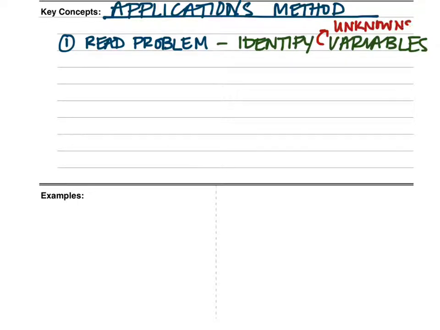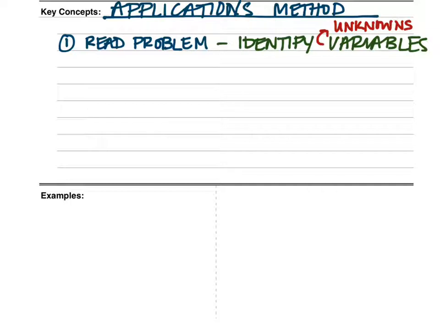The first thing is to really read the problem carefully and identify the variables, which are the things that we don't know. That could be a length of a side, an unknown number, an unknown price, or an unknown amount of something.